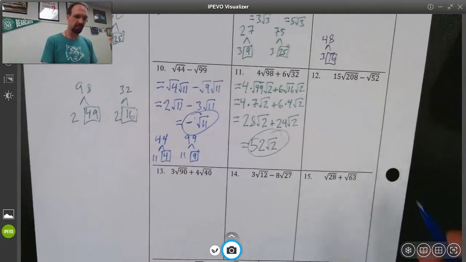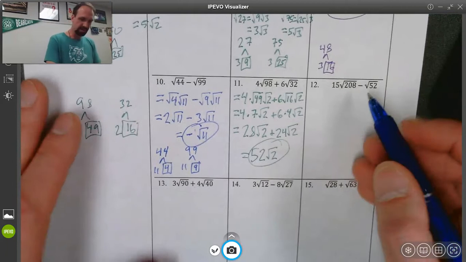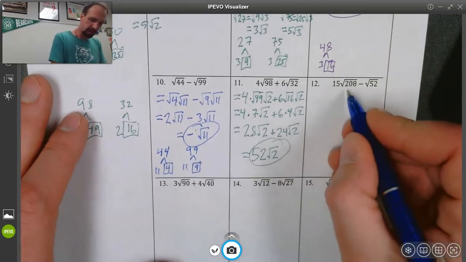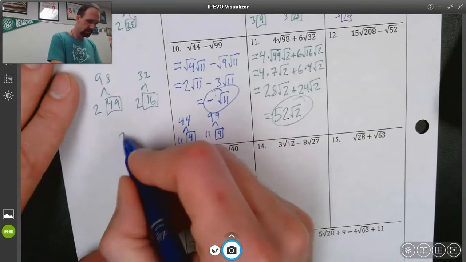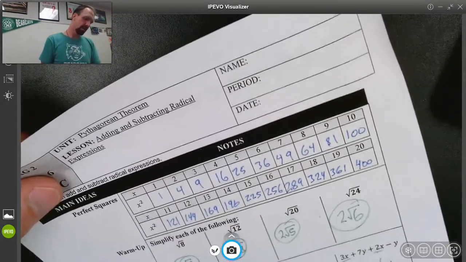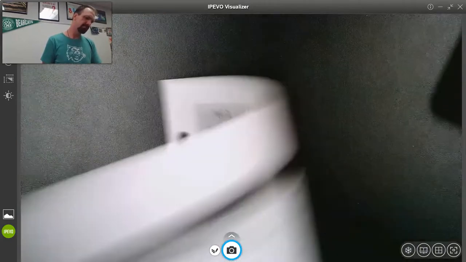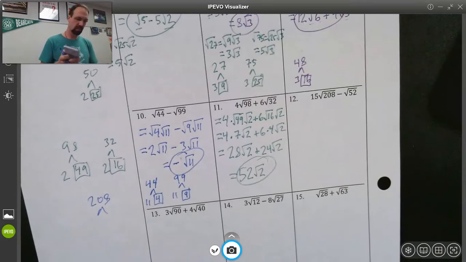So now we got number 12, 15 times the square root of 208. So we've got 208. Let's see, what is that? 64 maybe? I don't feel confident with that. Nope.